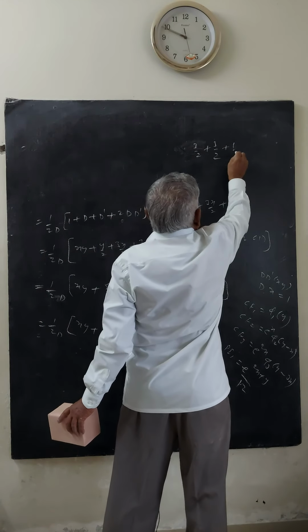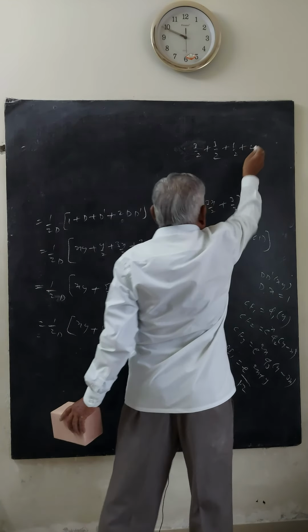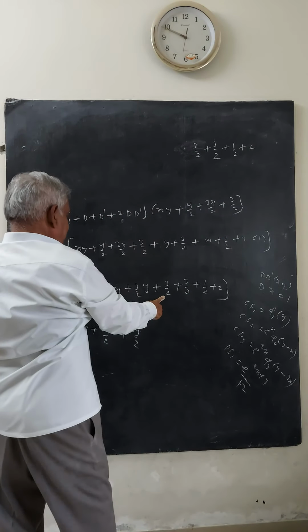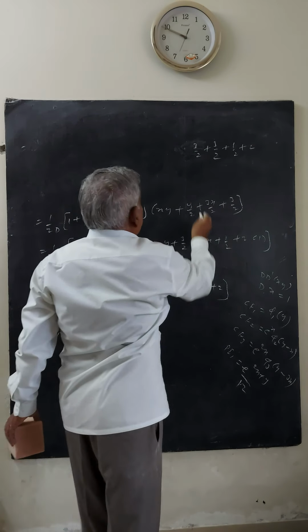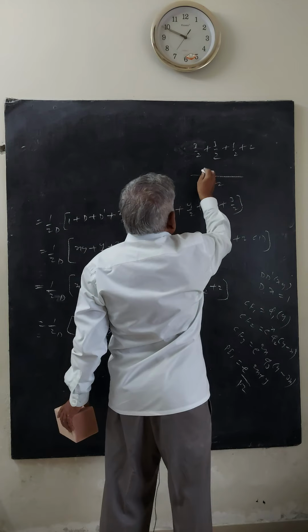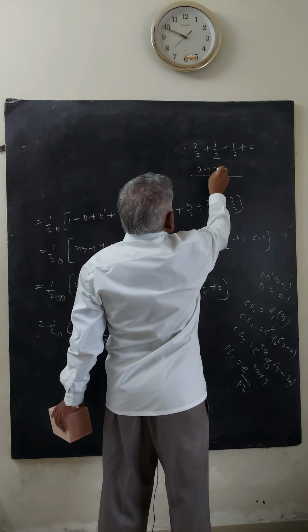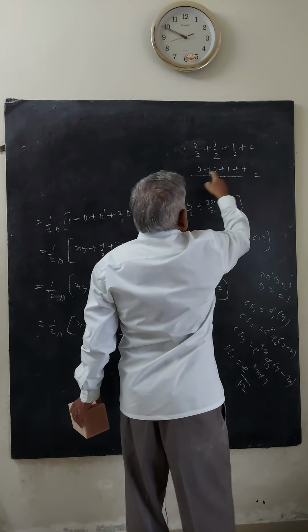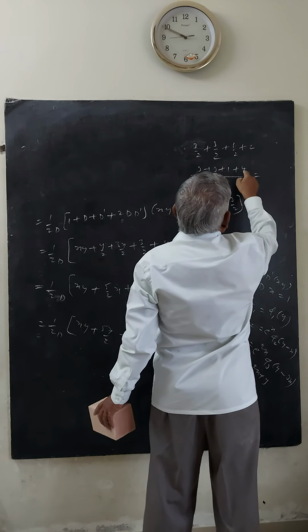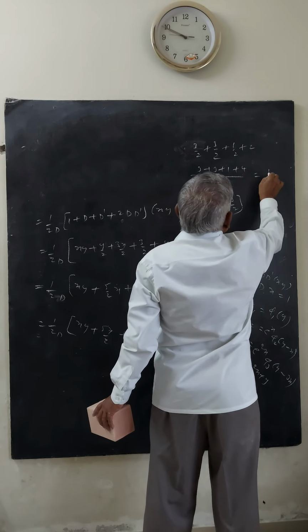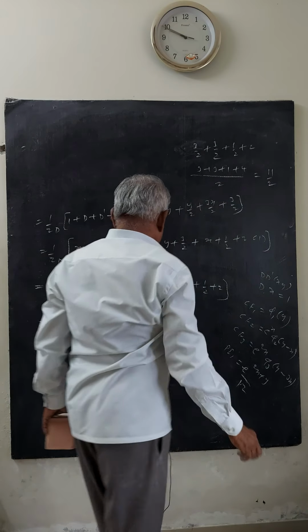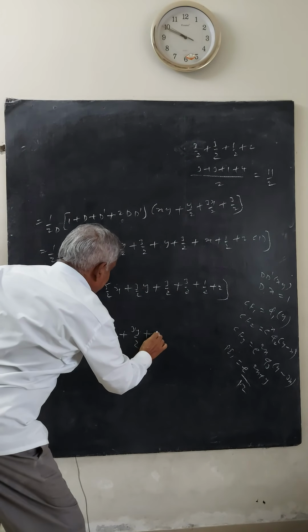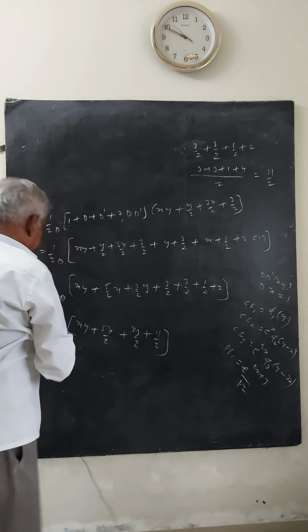Take LCM. LCM is 3 plus 3 plus 1 plus 4. Therefore, plus 11 by 2.